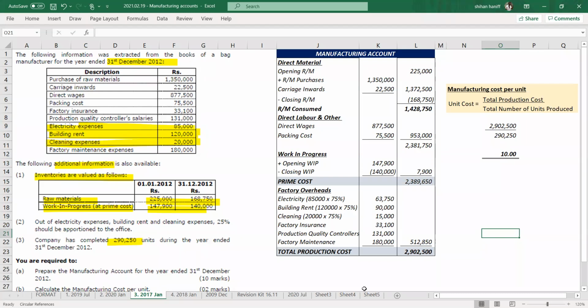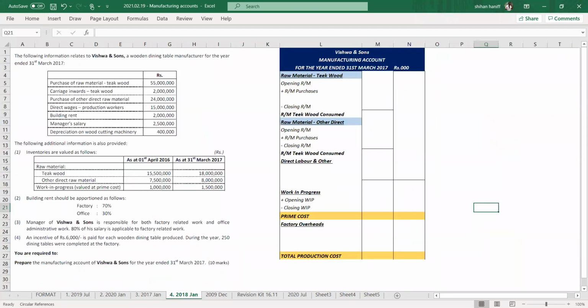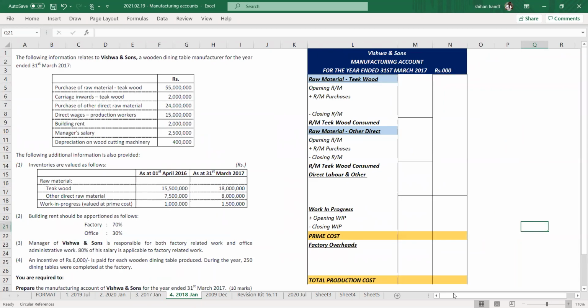Any doubts up to now? Right. So let's move to another question. Now here, there is a new thing, so let's read the question.